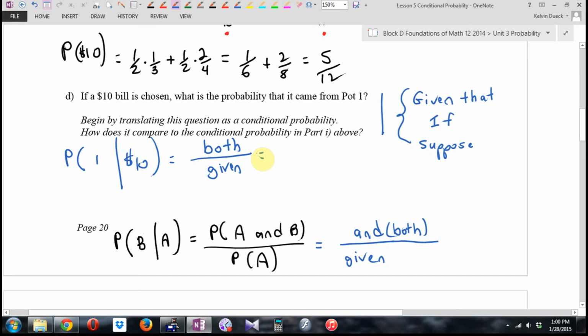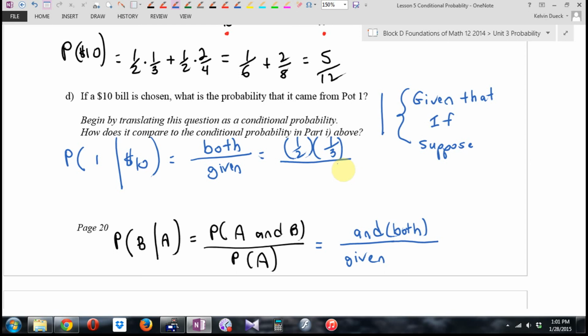Which branch has 1 and 10? See it? What are the fractions on there? 1 over 2 and 1 over 3. Which branches end in 10? 2 of them. See them?